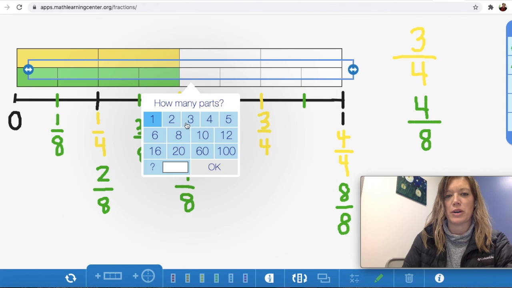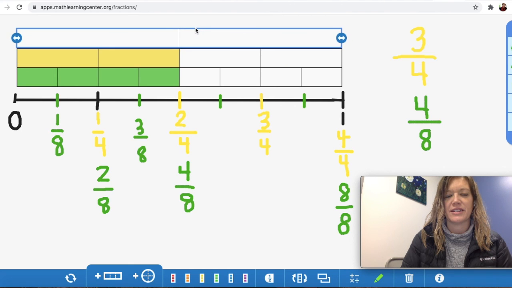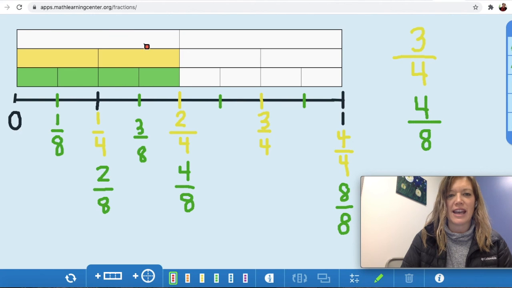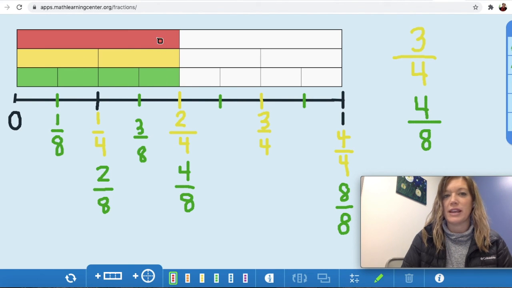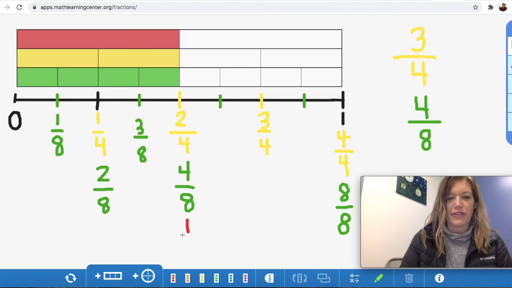I'm going to add one more, and this time I'm only going to break my candy bar into 2 parts. Did you notice this too? Another way we could say 2/4 or 4/8 would be, what would we call this fraction? That's right, 1/2.